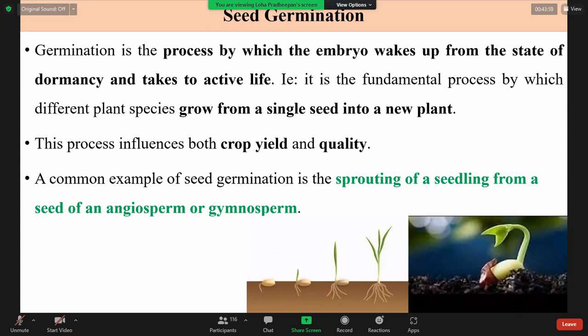So germination is the process by which the embryo develops into a new plant.